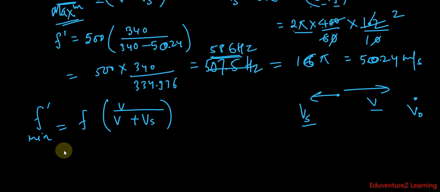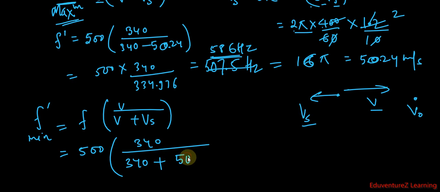So it is 500 and v is 340, and 340 plus 50.24, which is approximately 390. So 500 into 340 divided by 390 is nearly equal to 436 hertz. So this is the minimum frequency.